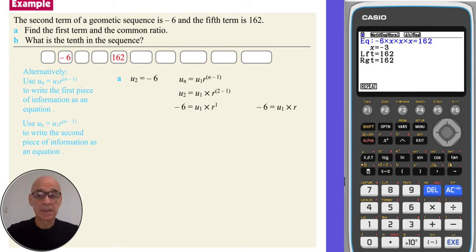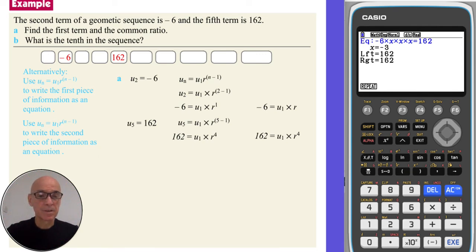Then if we repeat that process, knowing that the fifth term was 162, this time replacing n with 5 and equating it equal to 162 gives us a second equation involving u1 and r.